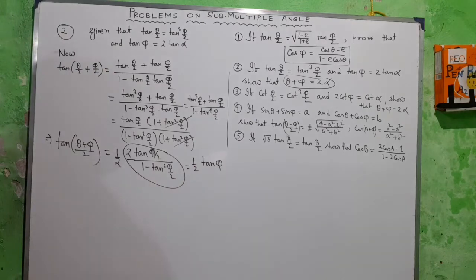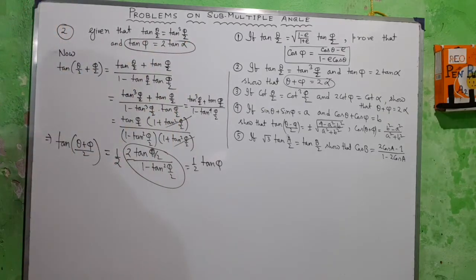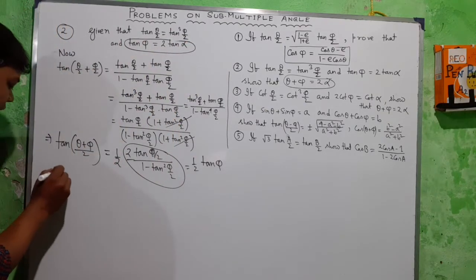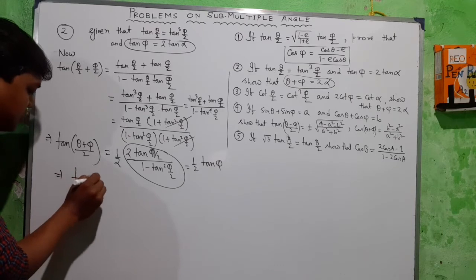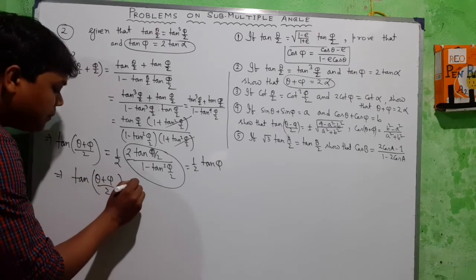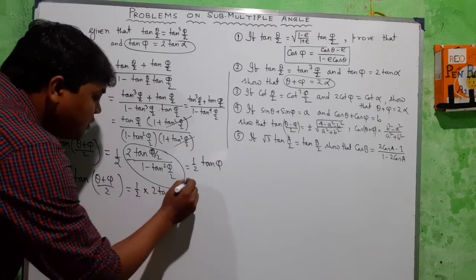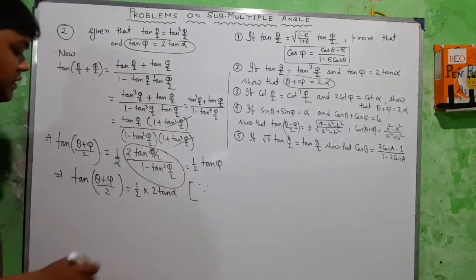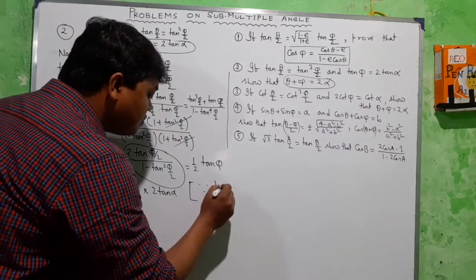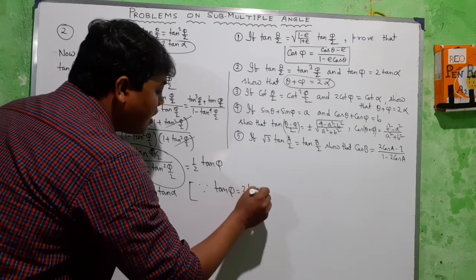Okay, half into tan phi, and according to our other given result, tan phi equals 2 tan alpha is given to you. So tan of theta plus phi by 2 equals half into 2 tan alpha. Why? Because this is given to you, tan phi equals 2 tan alpha.